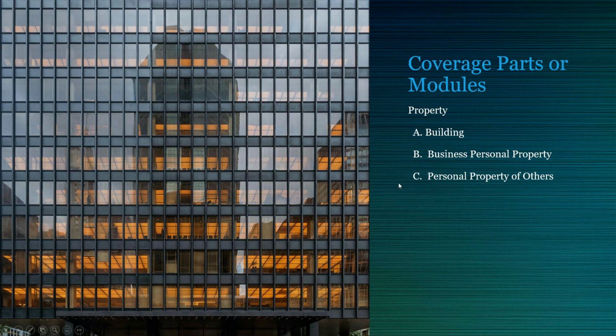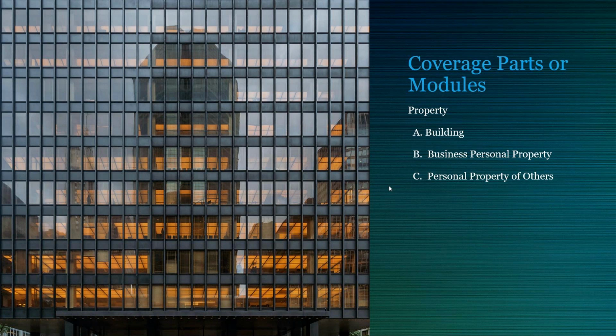Okay, so let's say one of your shops is a veterinary hospital where people leave their pets overnight. That's what we call bailee coverage, but it can cover personal property of others. That's how you want to know that. Everything on your commercial property policy is actual cash value basis. So on your homeowner's policy, we're going to give you replacement cost for your home and actual cash value for your belongings.